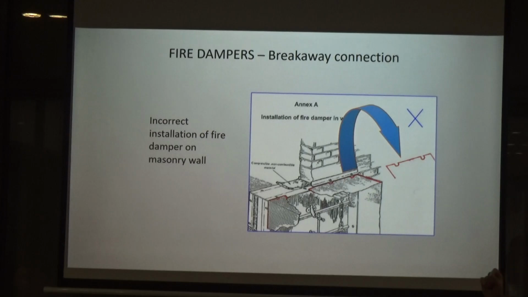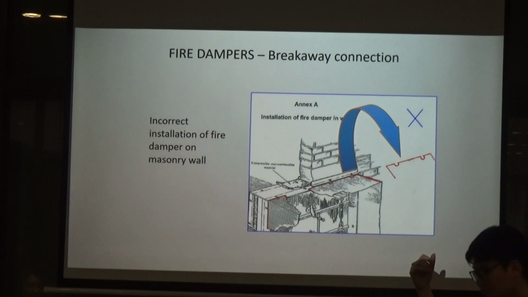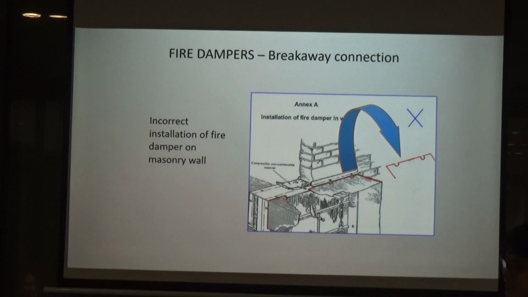But somehow they slip it in too deep, because our retaining angle is 38 mm at the sleeve. If they slot in all the way, then during fire this duct maybe won't break away, and it will still pull the fire damper away. So this is actually wrong.